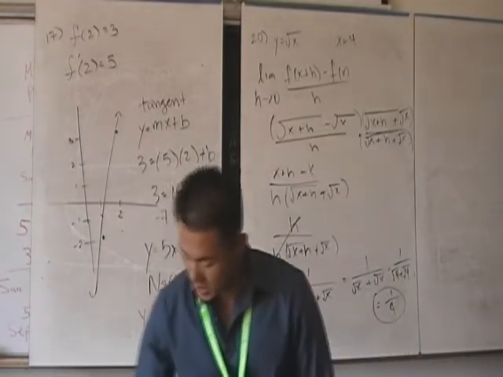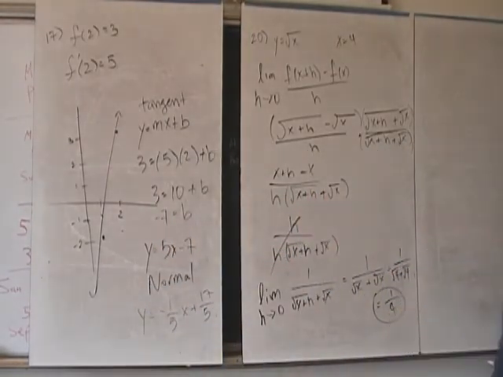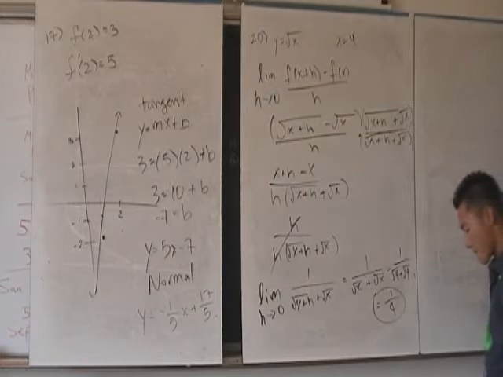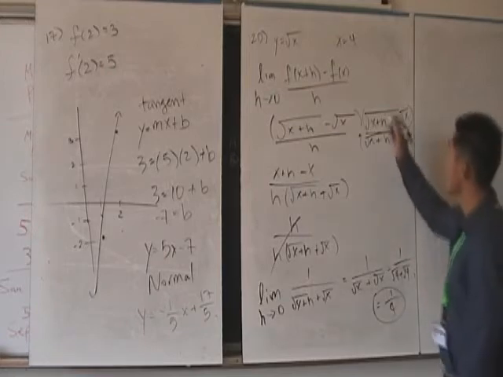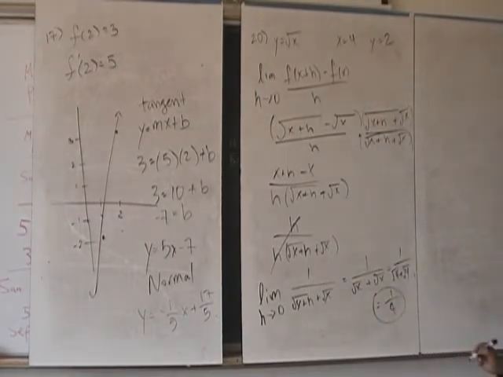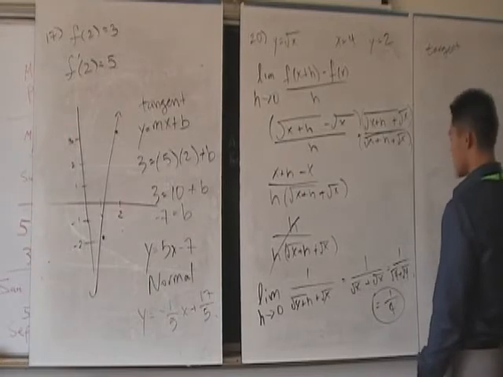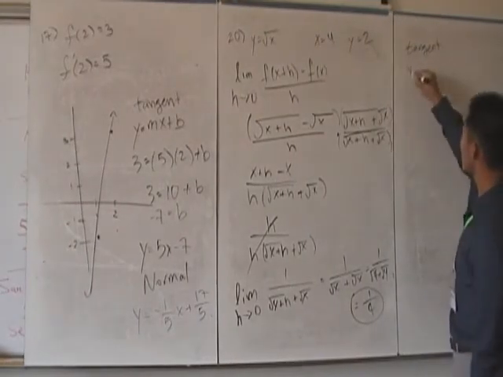Okay, and then the question's asking to write a tangent and a normal line. So that's our slope, 1/4. If x is 4, how do we find y? You just plug it in, right? So you get 2. So for a tangent line, y equals mx plus b.